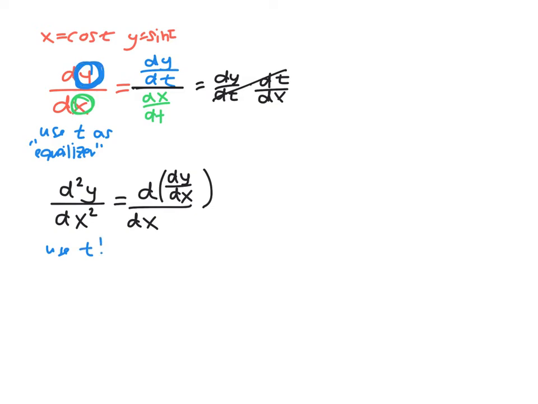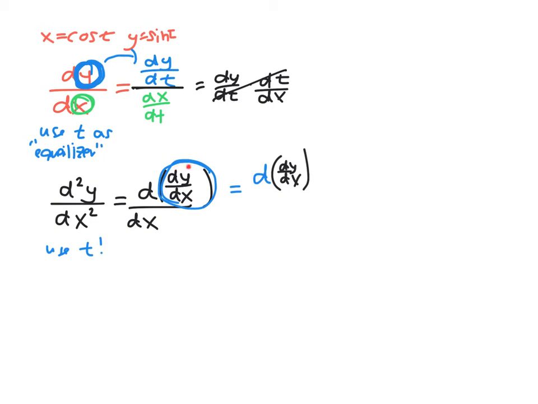So just like up here where I had y on top, and I ended up finding the derivative of y with respect to t, we do that same thing right here. So I'm trying to find the derivative of this thing, which I'm going to write in black again just to make it clear. I'm trying to find the derivative of dy/dx. Now just like we did up here, whatever was on top, we found that derivative with respect to t.